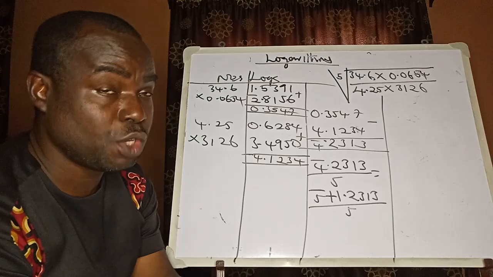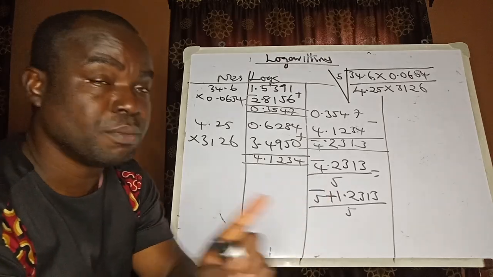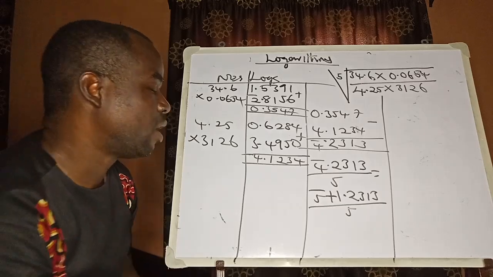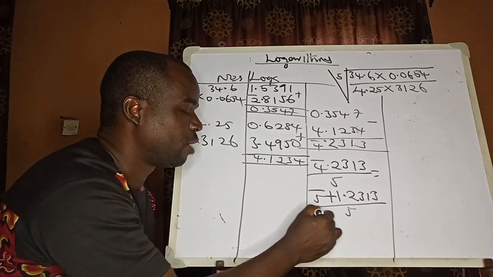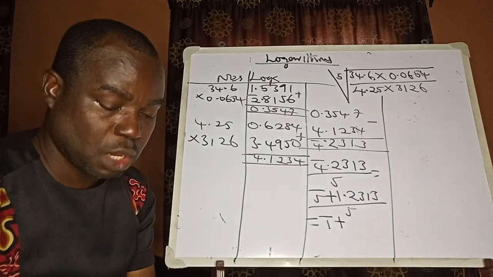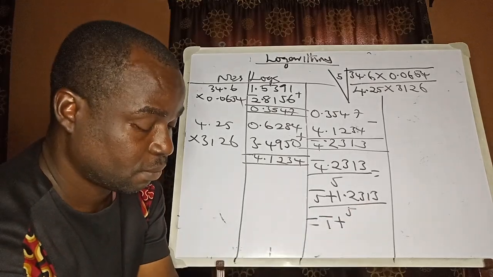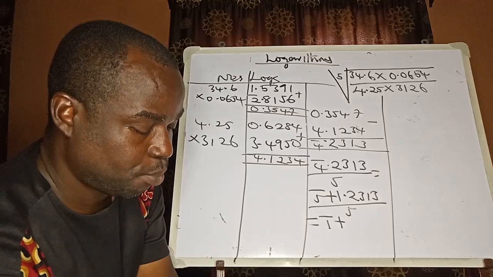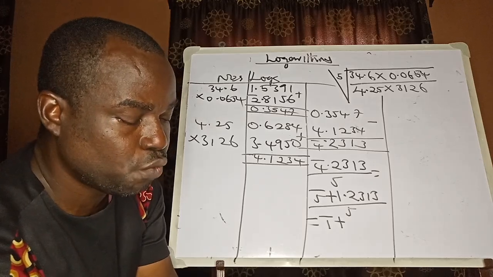I told you how to check to know if you are correct. Do minus 5 plus 1. If it doesn't return you to minus 4, it means you are wrong. Now that we have our answer, let us finish it up. Minus 5 divided by minus 5 is minus 1. That's bar 1 plus, let's use calculator to solve this one. 1.2313 divided by 5 will give us 0.2463.